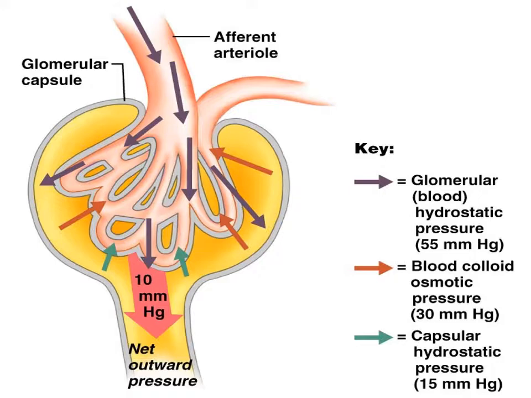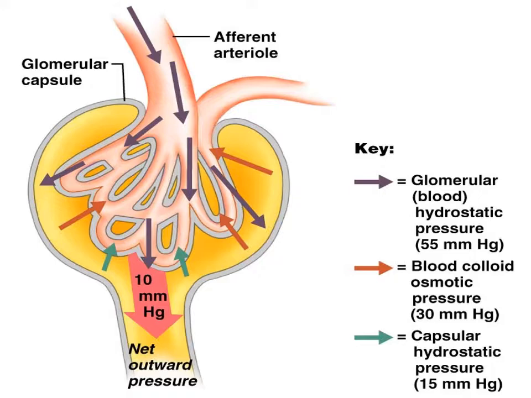When we look at these three pressures, we see one pressure pushing out versus two pushing in. As long as the pressure pushing out is greater than the pressures pushing in, some fluid will leave the glomerulus and collect in the capsular space. Remember, only the pressure pushing out can be changed moment to moment, while the pressures pushing in are constant.